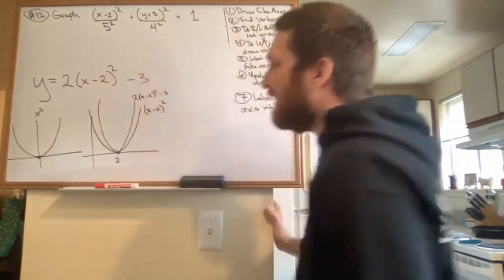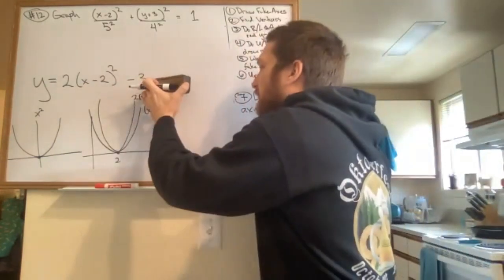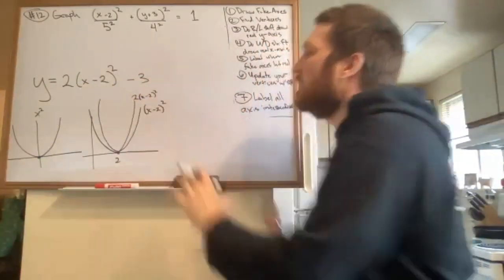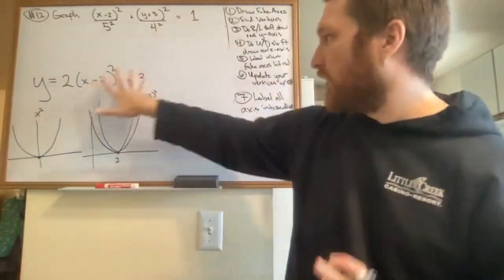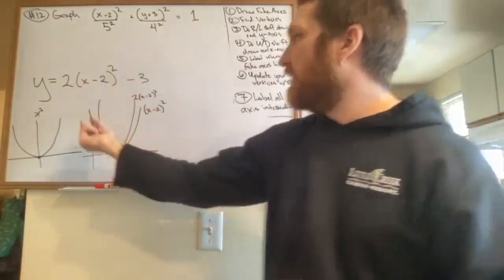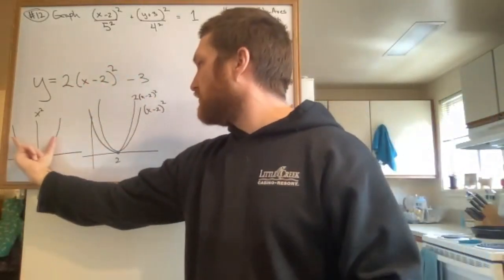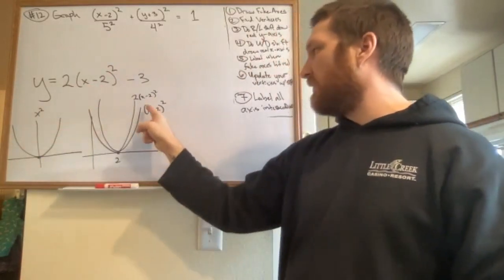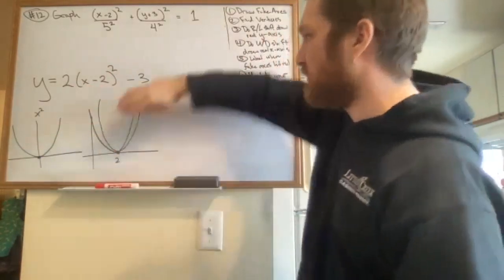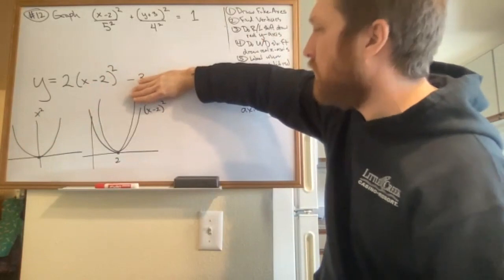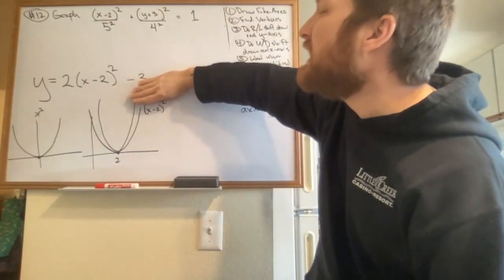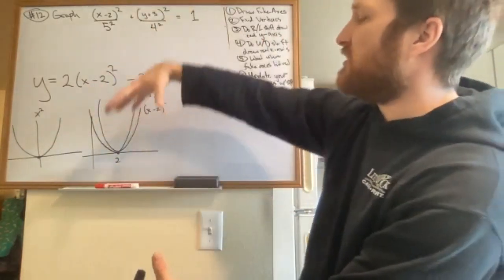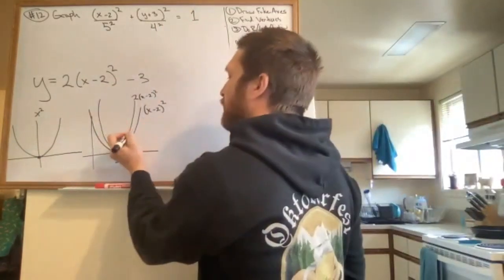Not minus 3, we haven't done that yet. Okay, so again, we look at this thing and we say, all right, it's like you're doing this first. You shift it over to the right to get this guy. And that's the graph of just plain old x minus 2 quantity squared. Then we take it and multiply it by 2. So that stretches everybody up. All of these points get pushed upward.